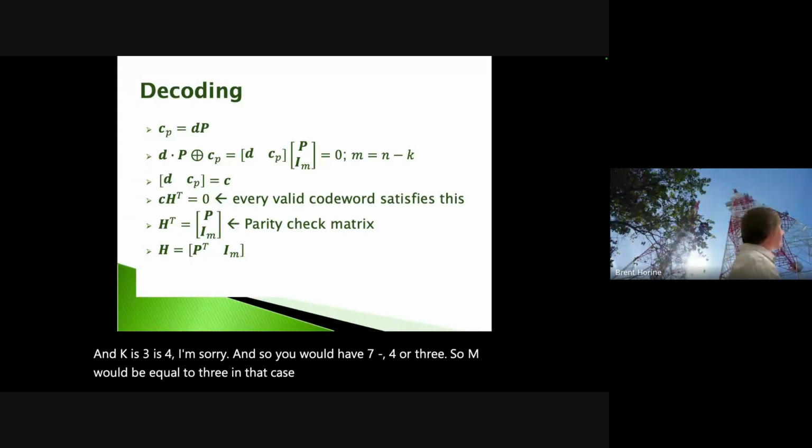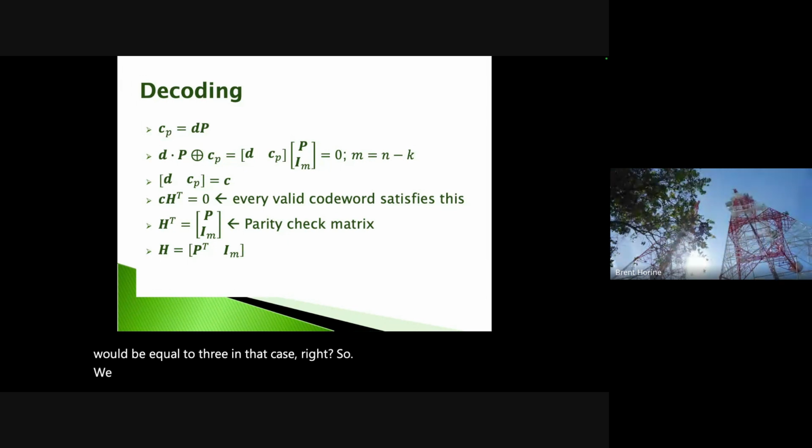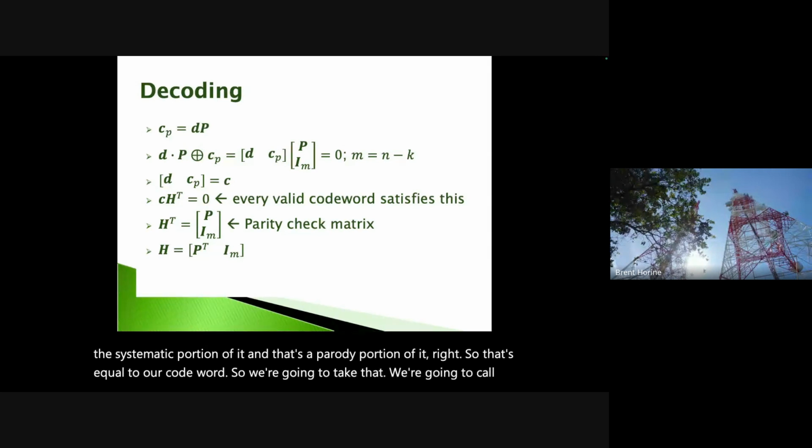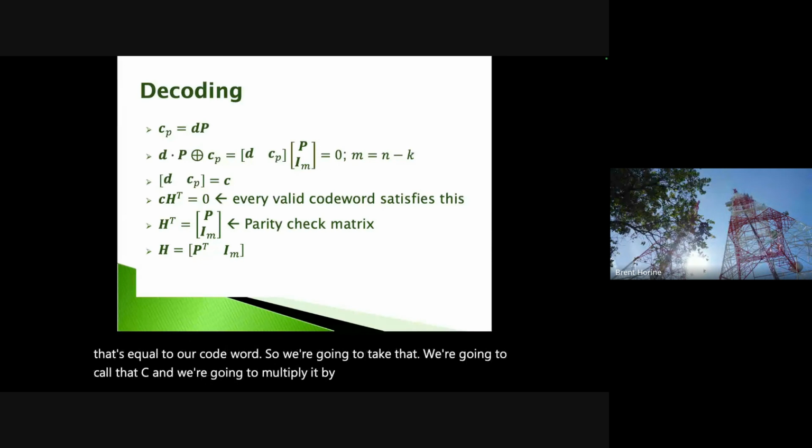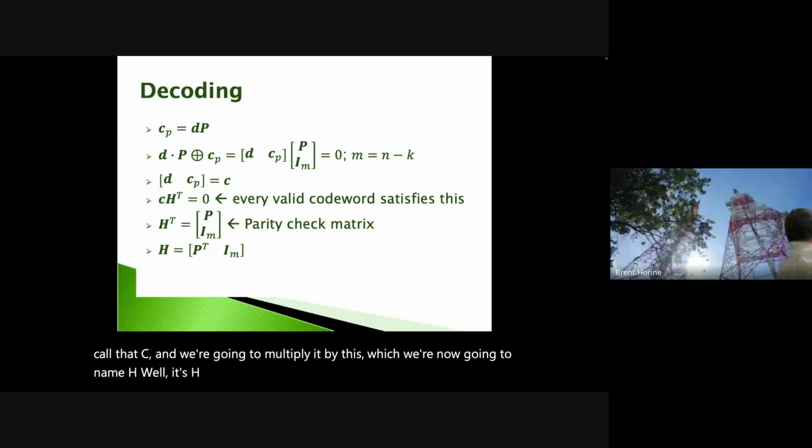So now we can observe that D concatenated with the C sub P, well, that's just our code word, right? This is the systematic portion of it, and that's the parity portion of it. So that's equal to our code word. We're going to call that C, and we're going to multiply it by this, which we're now going to name H. Well, it's H transpose, by convention. And so this C times H transpose is equal to 0, right?